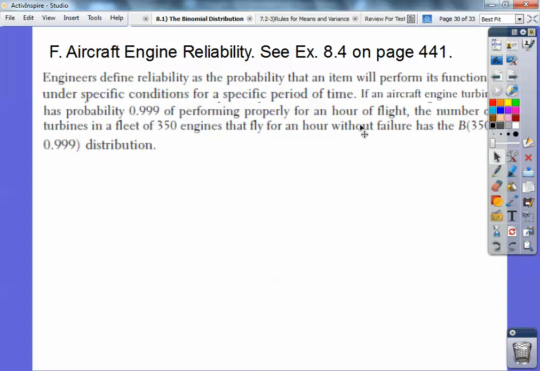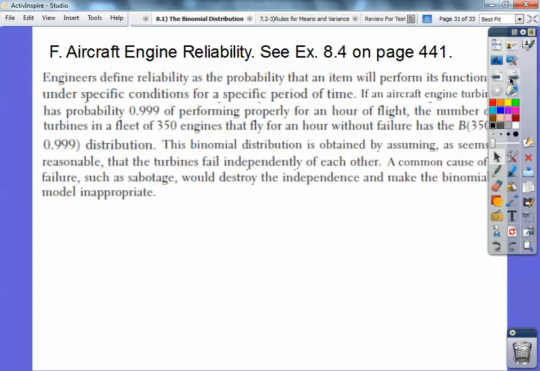It's a binomial distribution because it is obtained by assuming, and it seems reasonable, that the turbine engines fail independently of each other. If they didn't, then something like sabotage would destroy the binomial setting. So it appears like it's independent on that one.